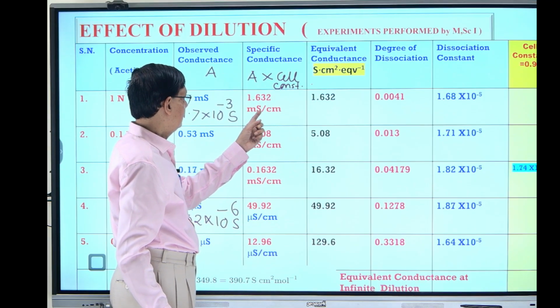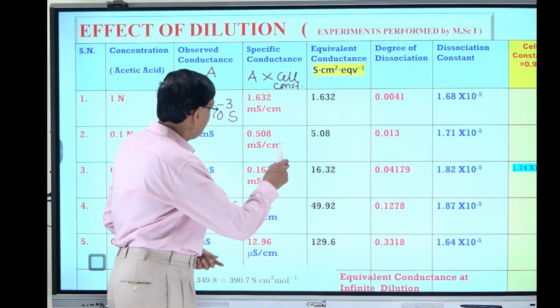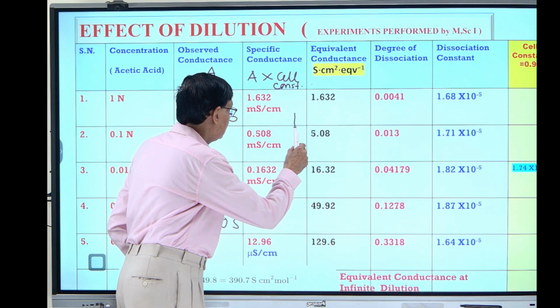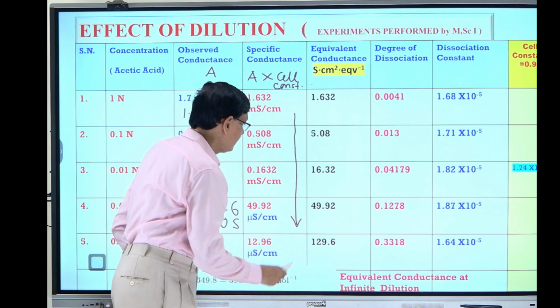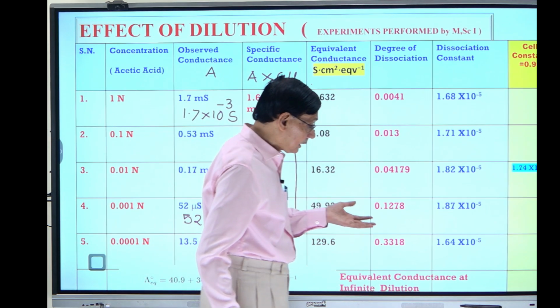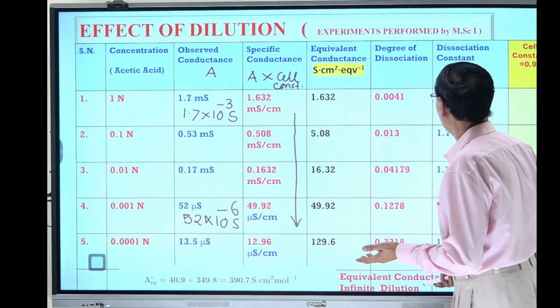Therefore it is millisiemens, microsiemens. इसमें भी आप देख रहे हैं इसके साथ साथ ये वैल्यूज डिक्रीज हो रहा है. Now we calculate the equivalent conductance और मोलर कंडक्टेंस. फॉर्मूला आपको बिल्कुल मालूम है.